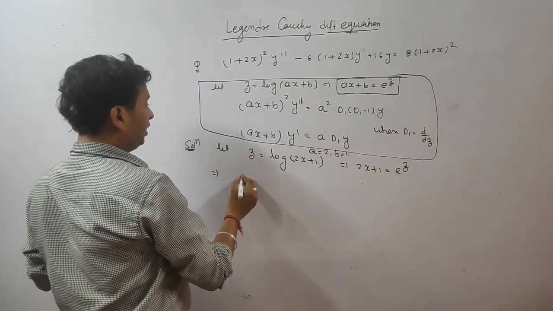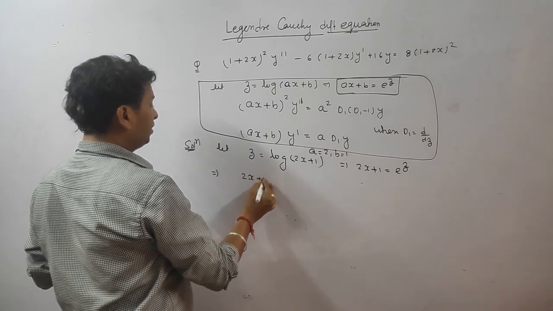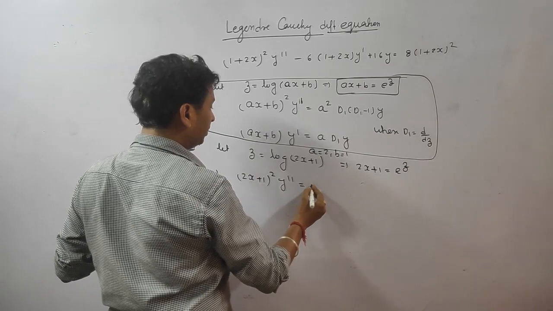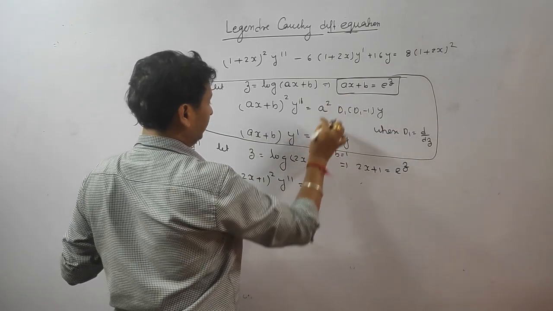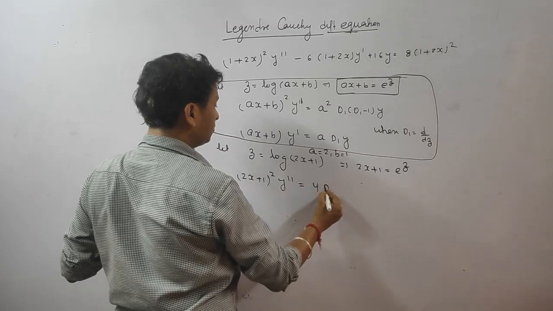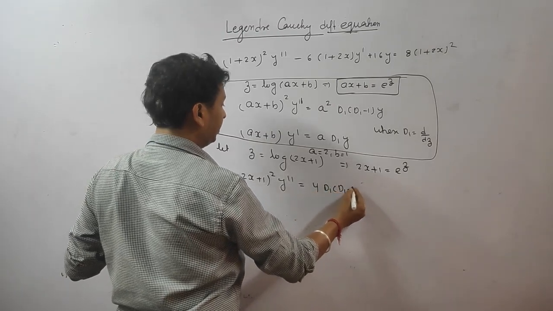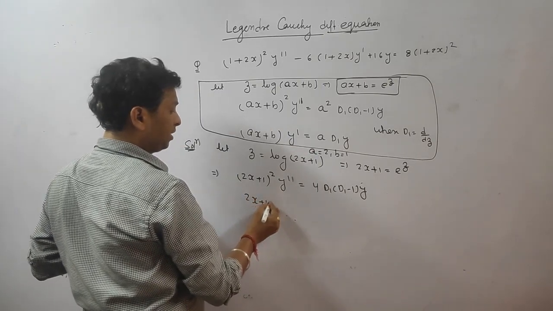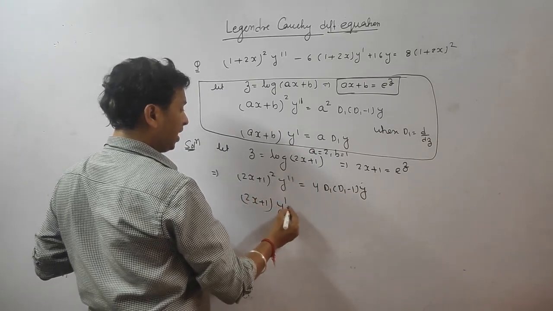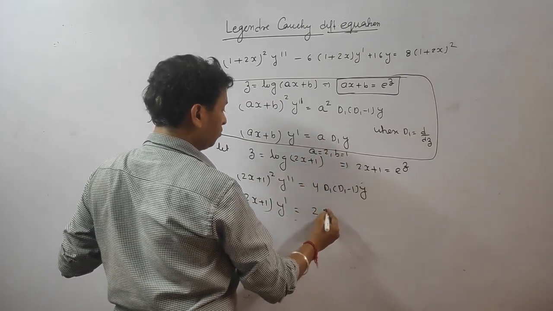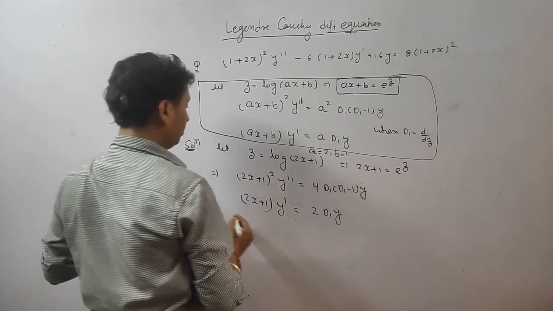Now, in place of (2x plus 1) whole squared y double dash, what do we have to write? a squared, a squared means 2 squared, that is 4, D1 (D1 minus 1) y. In place of (2x plus 1) y dash, what do you have to write? a D1 y, a means 2 D1 y.